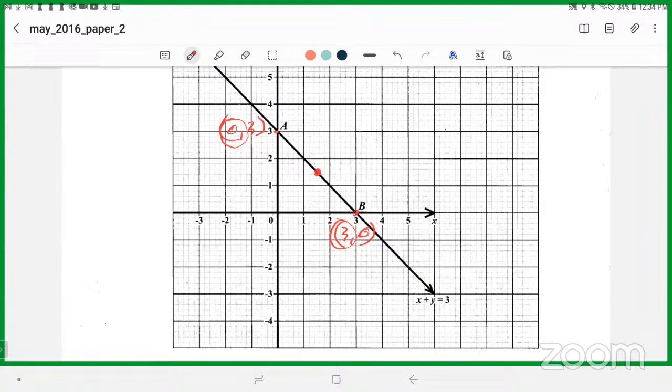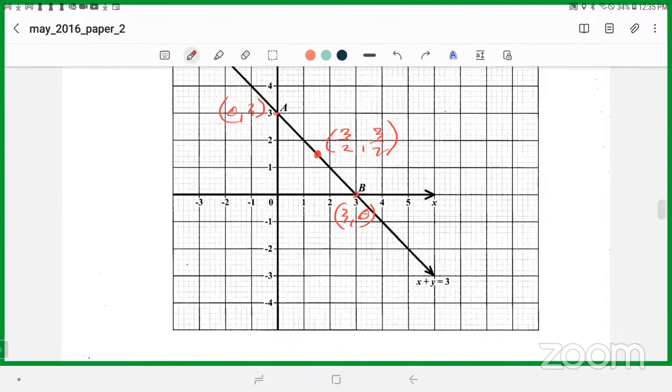Average of the x value is going to be 1.5, or you can say 3 over 2. You add the 0 and the 3, you get 3, and it's 3 over 2. And you're going to average this 3 and this 0 next to get the y value at midpoint. 3 plus 0 is 3, and you put that over 2. So you get 3 over 2 again. So the midpoint between A and B is simply 3 over 2, 3 over 2, 1.5, 1.5.